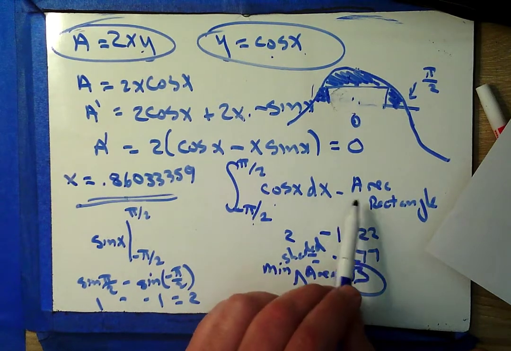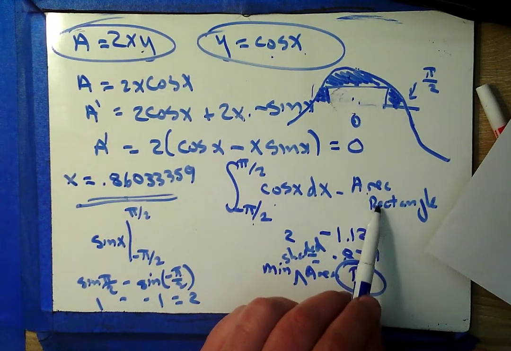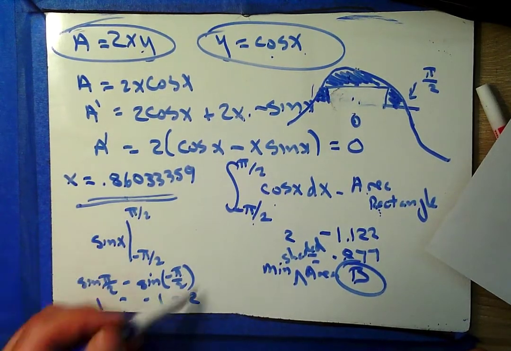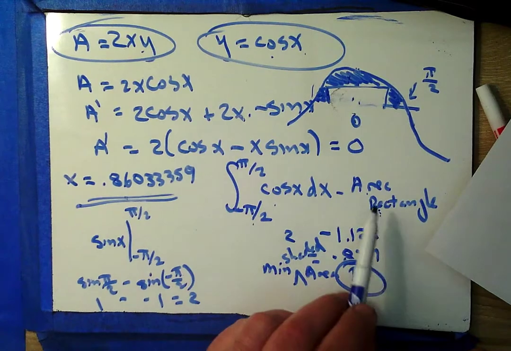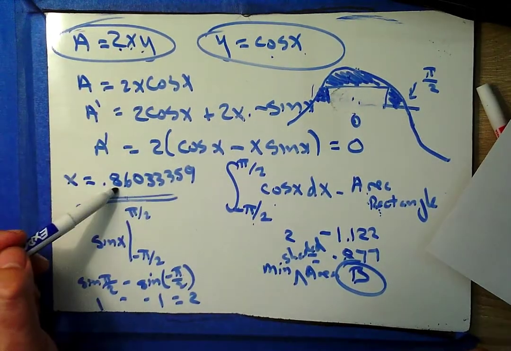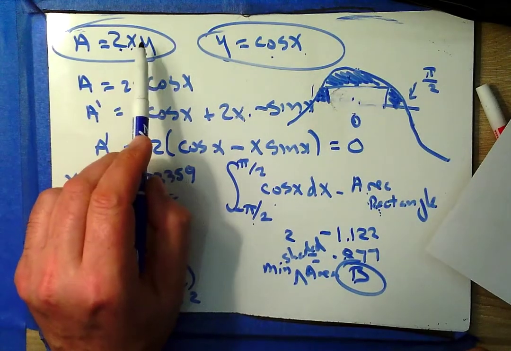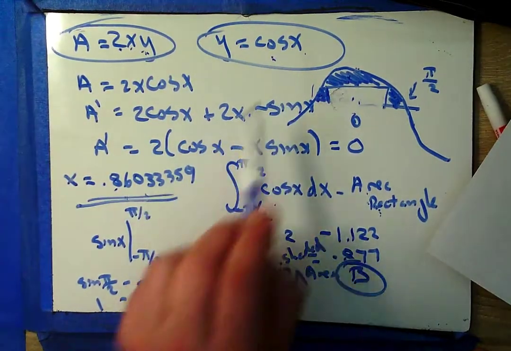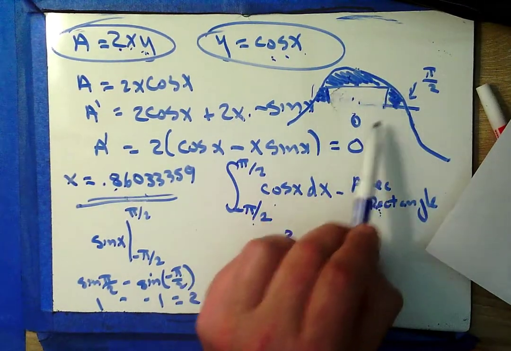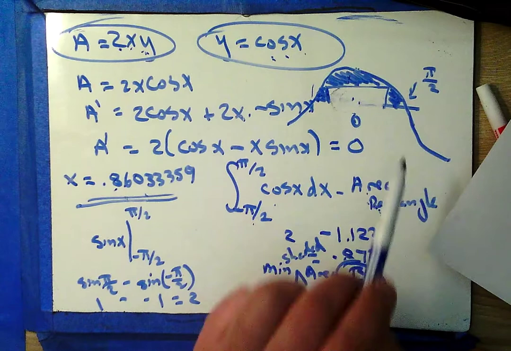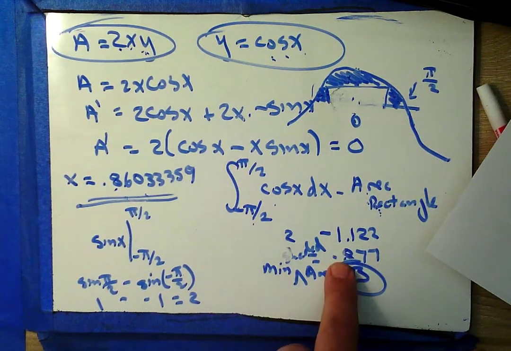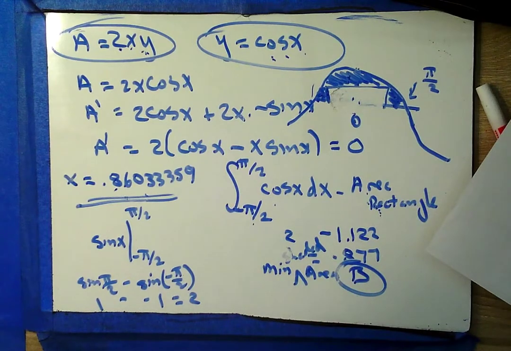And then we had to subtract this maximum area rectangle. We found the area of the rectangle by doing 2 times this x value times this y value. We found the y value by plugging this x in to cosine. And that was our maximum rectangle's area. So 2 minus the area of the maximum rectangle gave us the minimum shaded area.